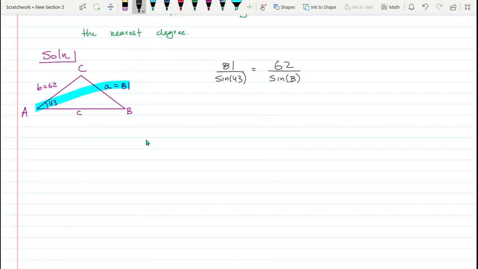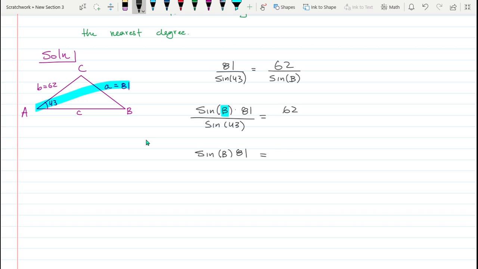Multiply both sides by sine of B. So sine of B times 81 over sine of 43 is equal to 62. And remember, this is what we're solving for in this setup right now. So we're going to multiply sine of 43 to the other side.